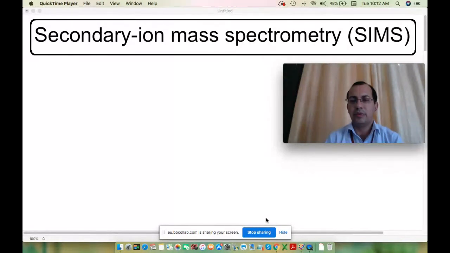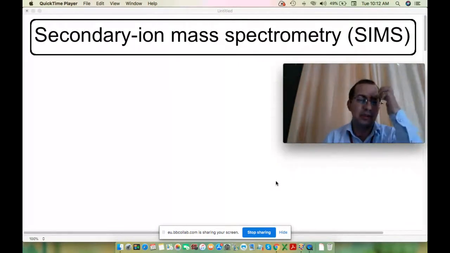If you plot the transmission as a function of wave number, you get the spectra known as the FTIR spectra. And we discussed in detail the different types of sources and detectors required in the case of FTIR.